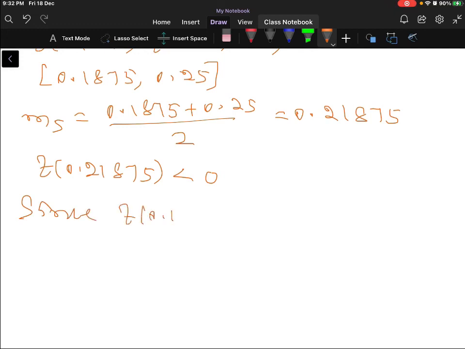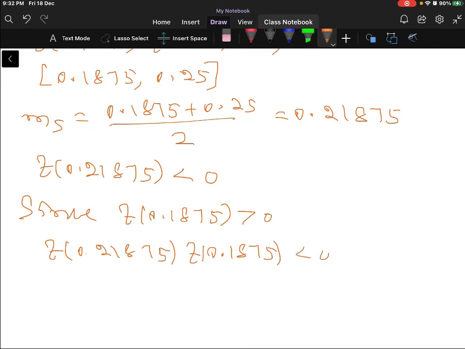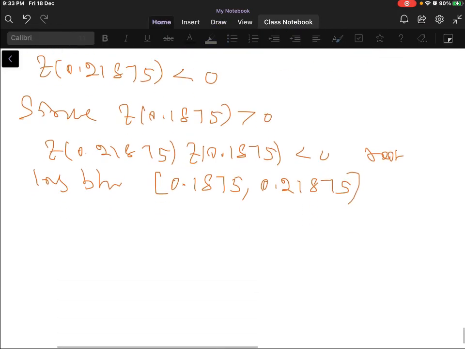Since f(0.1875) is positive, therefore f(0.21875) × f(0.1875) is again negative. Therefore the root lies in the interval (0.1875, 0.21875).